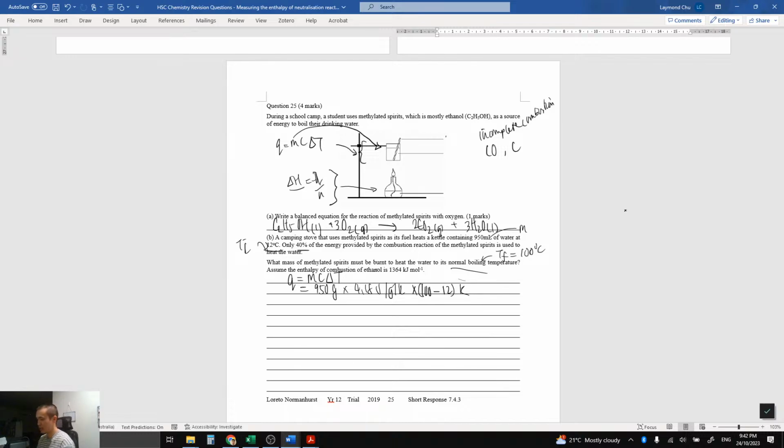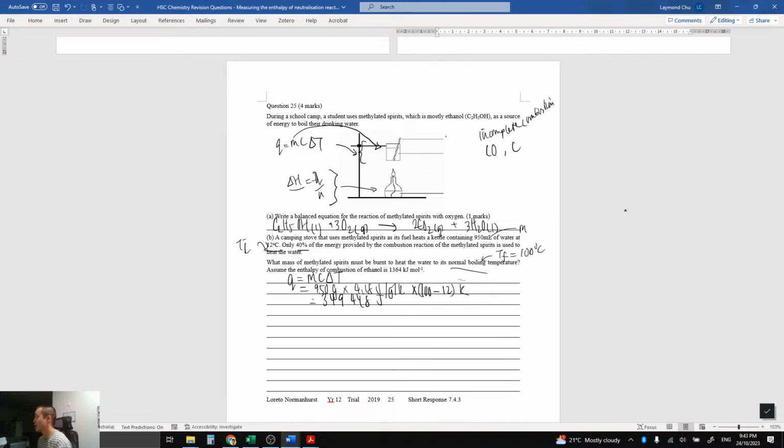So we put that into the calculator. What do we get? We get 349,448 joules. So that's the heat energy that is used to boil the water.